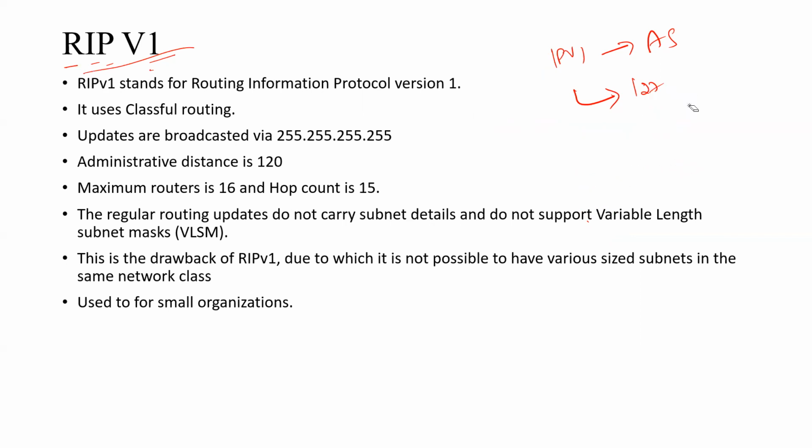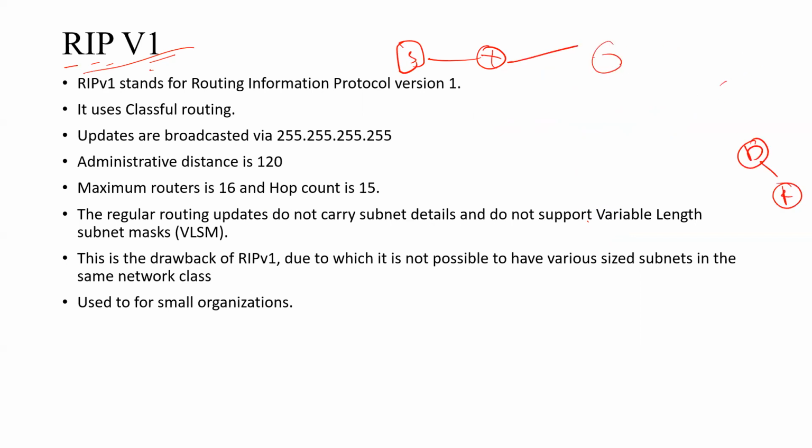The limitation of RIP version 1 is that it supports only 15 hops. Suppose we have one router where the source is connected, and the destination is connected to some other router. Between A and B, source and destination, it supports only 15 routers, so router 2, router 3, like a total of 16 routers.